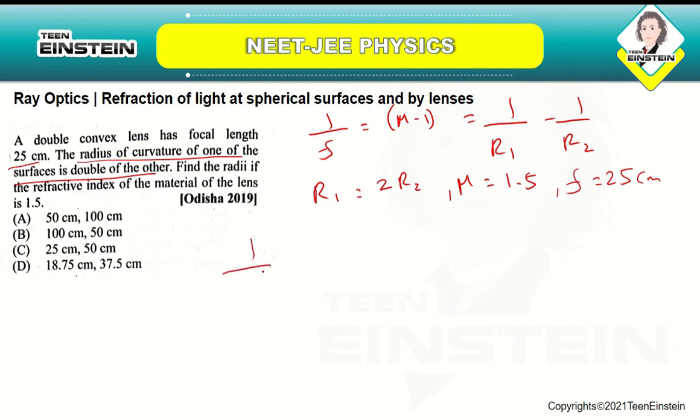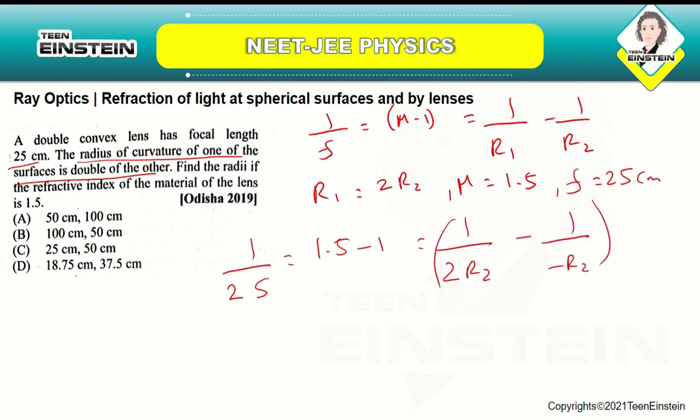So you are just going to substitute here: 1 by 25 is equal to (1.5 minus 1) into (1 by 2 r2 minus 1 by minus r2). So if you solve this, you will be getting 1 by 25 into 0.5, which is equal to 3 by 2 r2, or r2 will be 25 into 3 divided by 4.